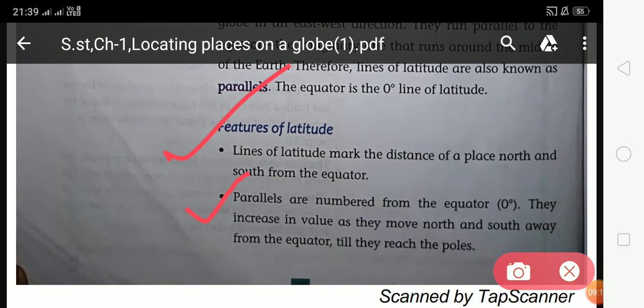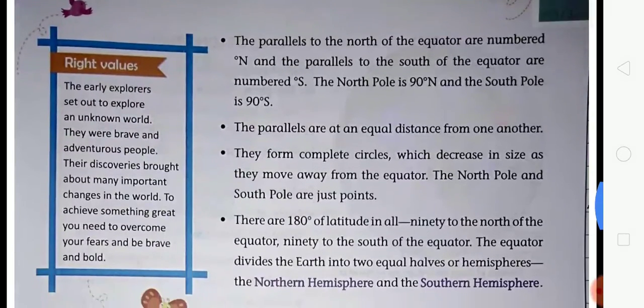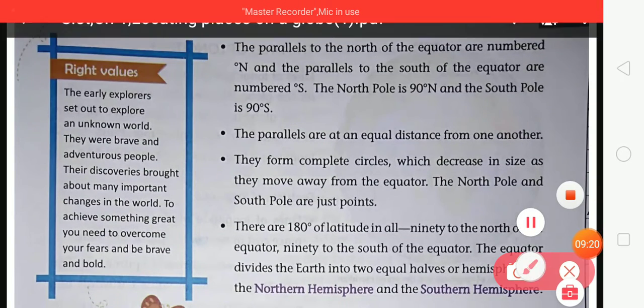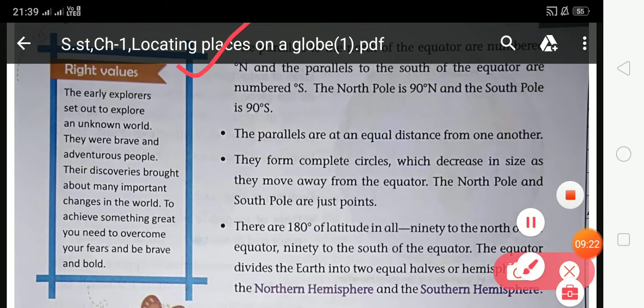The third feature is numbering. The parallels to the north of the equator are numbered degree N, and parallels to the south of the equator are numbered degree S. The North Pole is 90 degrees north and the South Pole is 90 degrees south.